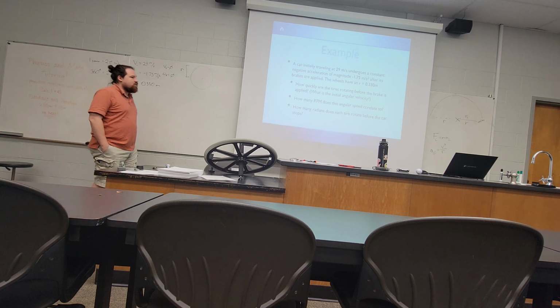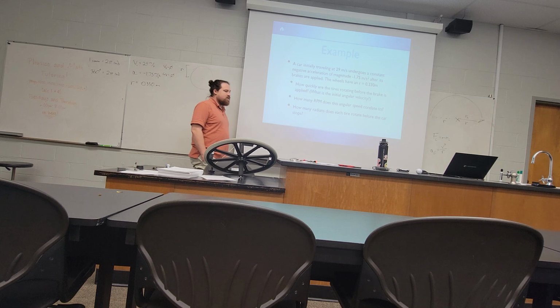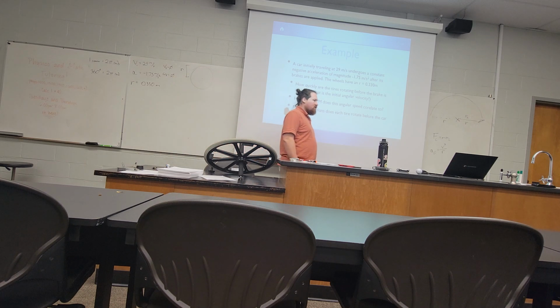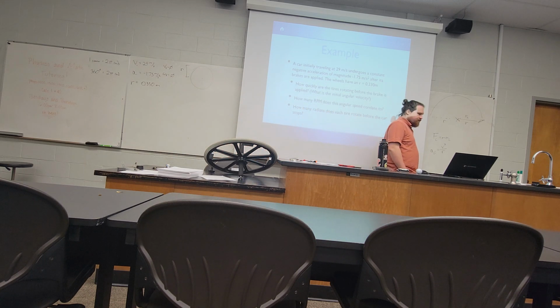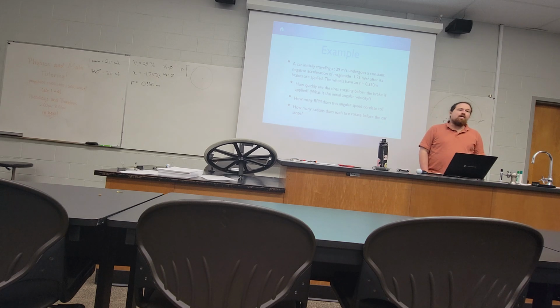And we have to figure out some details about what's going on based on this information. First question: how quickly are the tires rotating at that initial speed? At the initial linear speed of 29 meters per second, how quickly are the tires spinning?